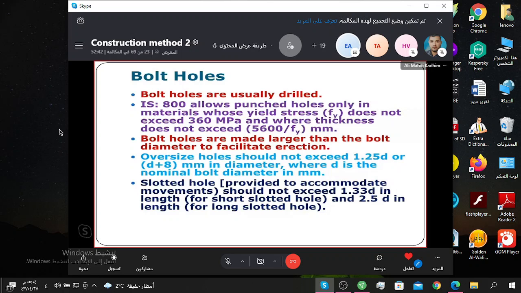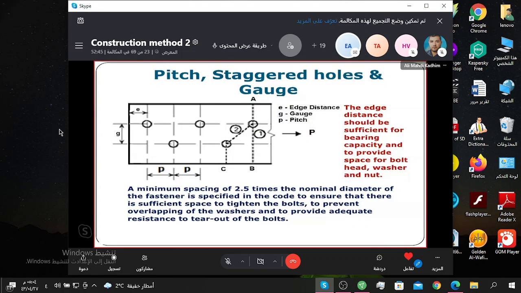Pitch, stagger, hole, and gauge. The figure is shown. A minimum spacing of 2.5 times the nominal diameter of the fastener is specified in the code to ensure that there is sufficient space to tighten the bolt, to prevent overlapping of the washers, and to provide adequate resistance to the tear out of the bolts.